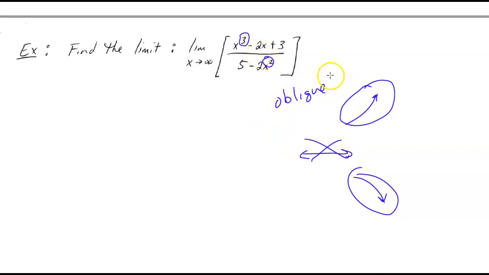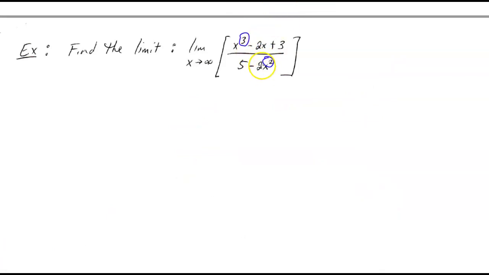And in particular, this oblique asymptote will be a slant one, meaning that our asymptote is not horizontal. It will look like a line, either with a positive slope or a negative slope as x approaches infinity. And so we can easily figure out which one it's going to be just by taking this rational function and dividing the numerator by the denominator. Okay.